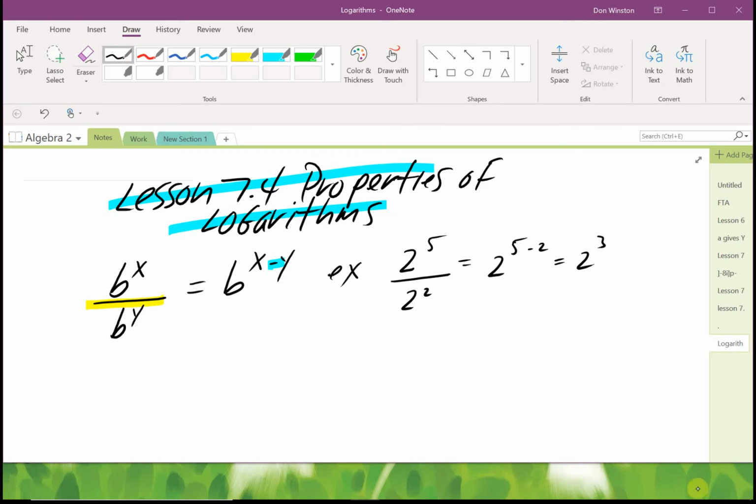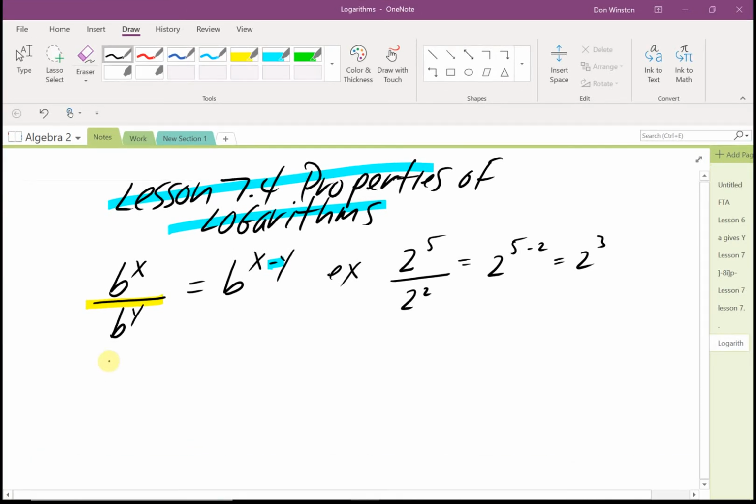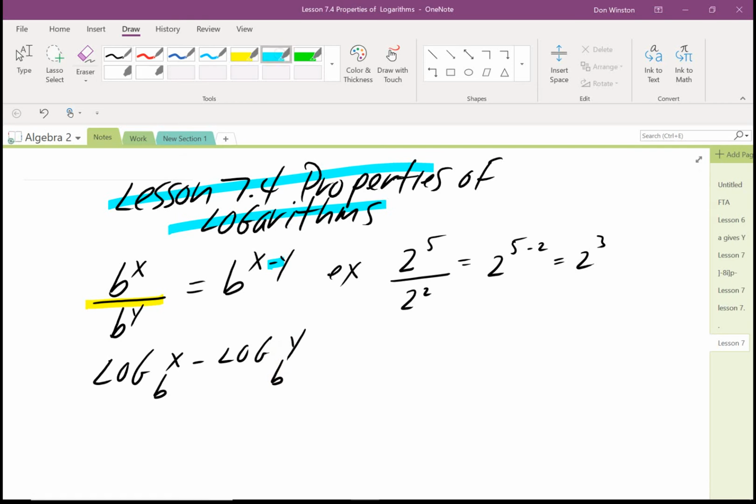So for example, let's say here I have, let me make the screen a little bigger, log base b of x minus log base b of y. Notice again we have subtraction. When we subtract logs with the same base, they have to be the same base, we should have something that involves division, and we do.